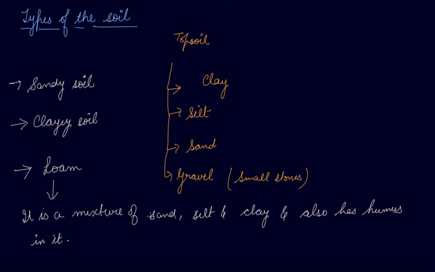Now it has the right water holding capacity for plant growth. It also has adequate spaces between the soil particles to trap air required by the roots of the plant.